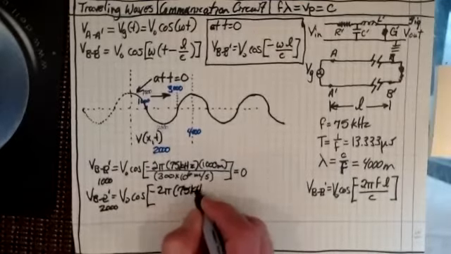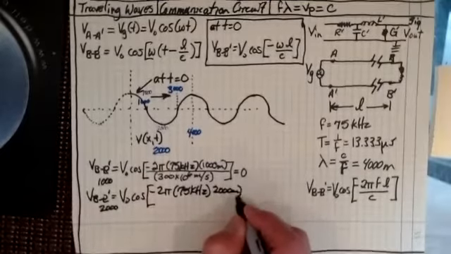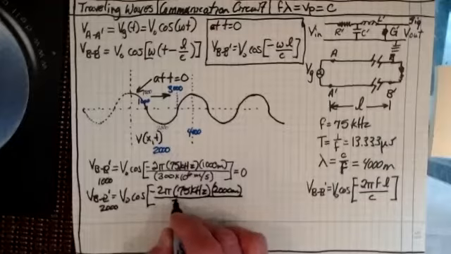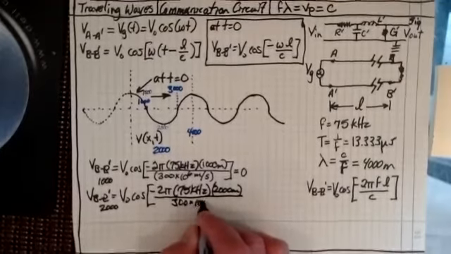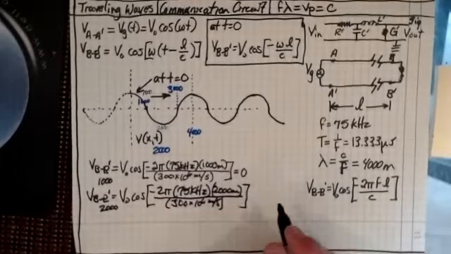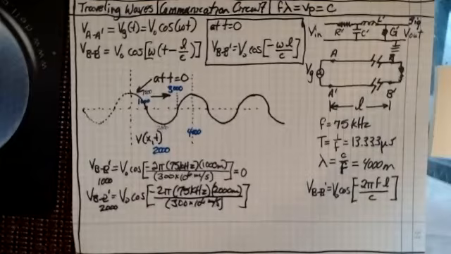And of course that would just be 1/2 of 2 pi, which is pi, and the cosine of minus pi is the same as the cosine of plus pi.